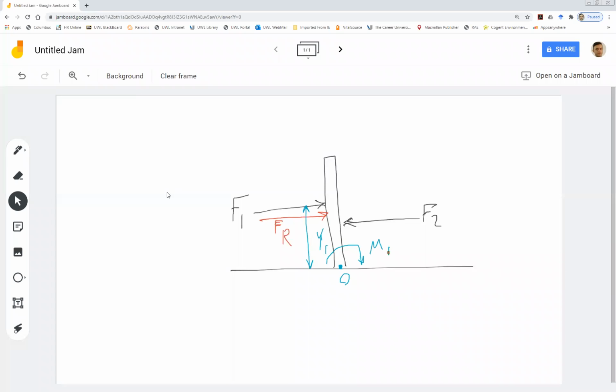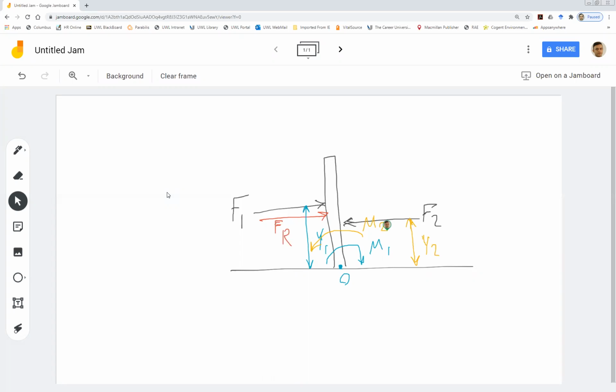For the right hand side, let's draw it with a different color. On the right hand side, I've got the depth Y2. So Y2 times F2 will give me another moment in the other direction, this direction. So I can call it M2.